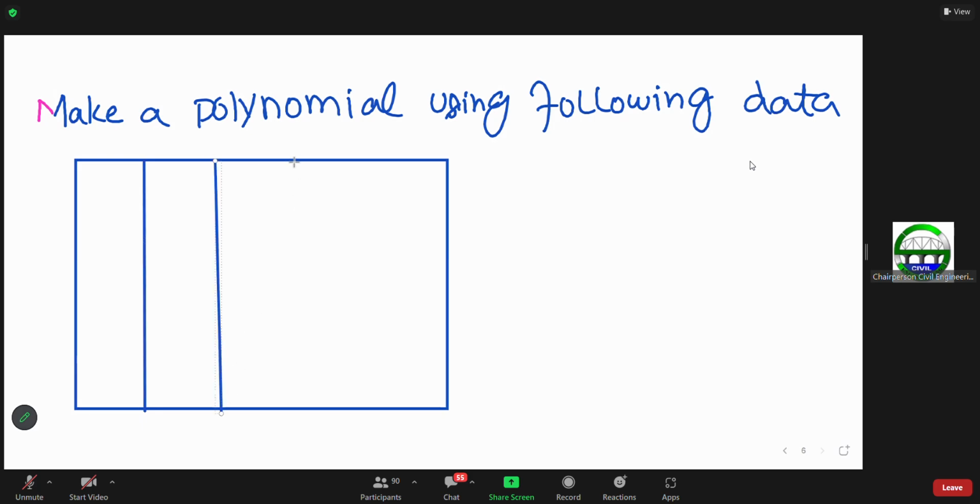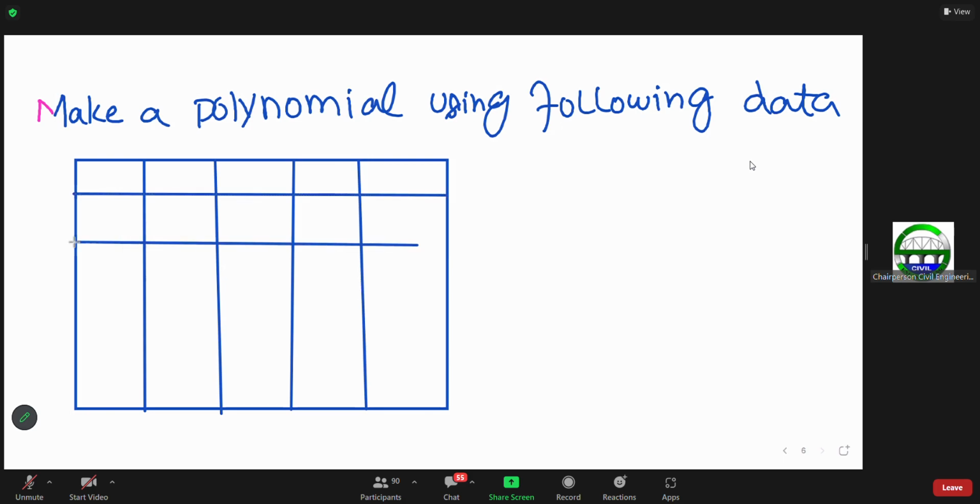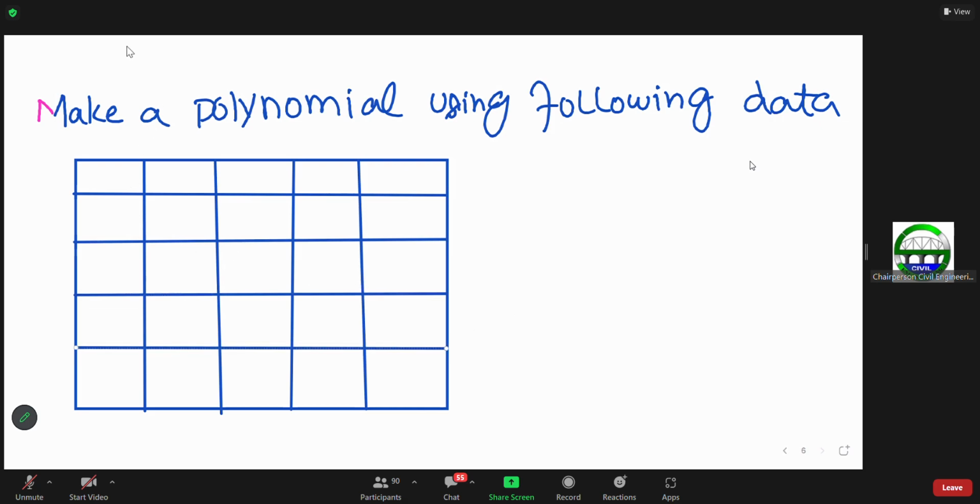Then we need to write the x value here, and this is the f of x value. The x values are 0, 2, 4, 6, and 8.